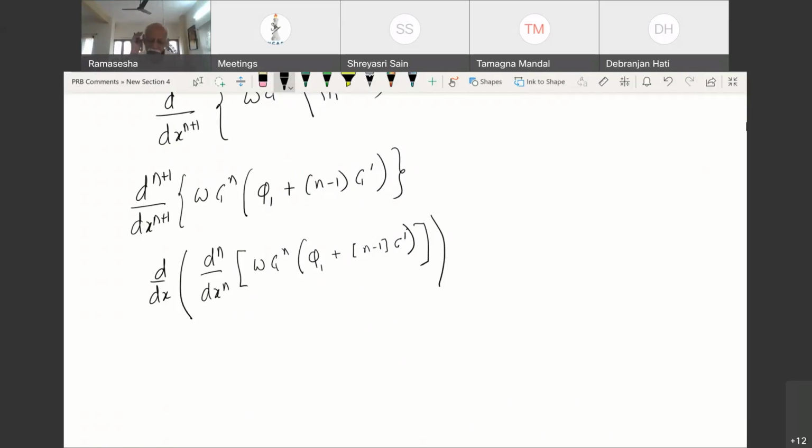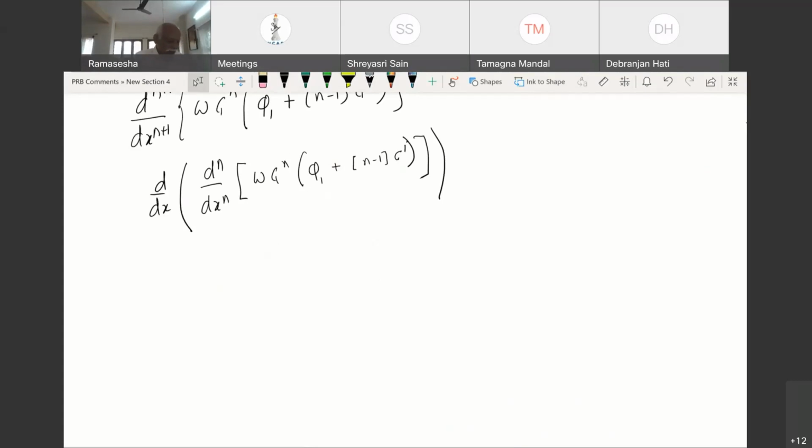Okay, so if I do this, I can now differentiate. So when I differentiate, what do I get? Let me go through methodically. Tricky. So what I will do is I will again take d^n by dx^n of W g^n with Yn.